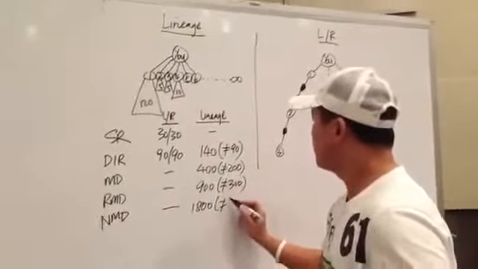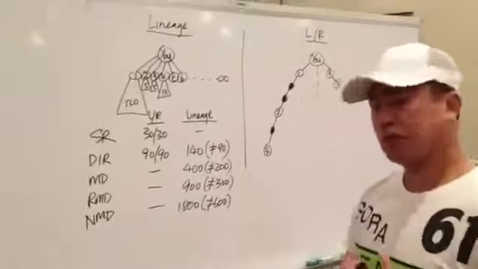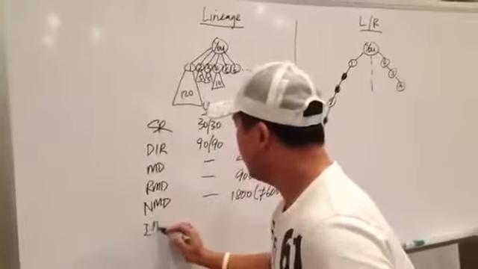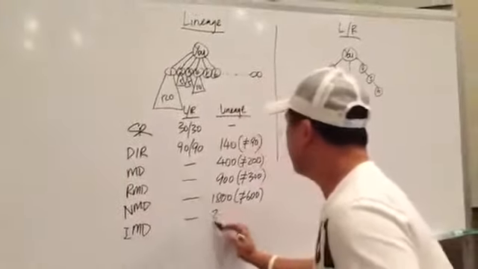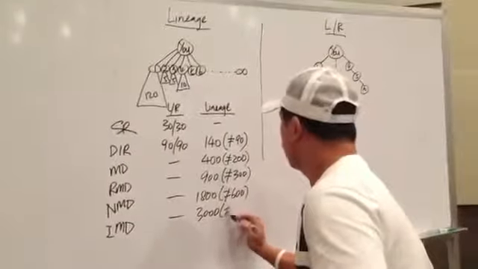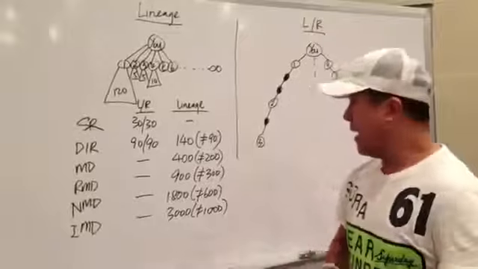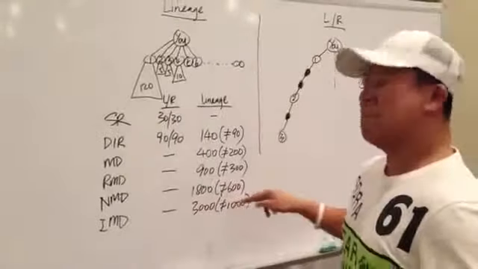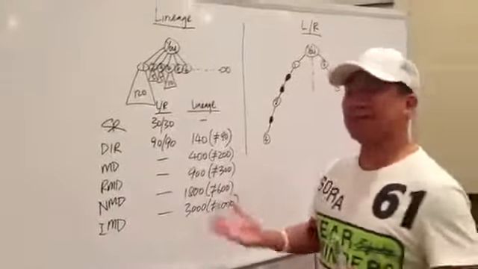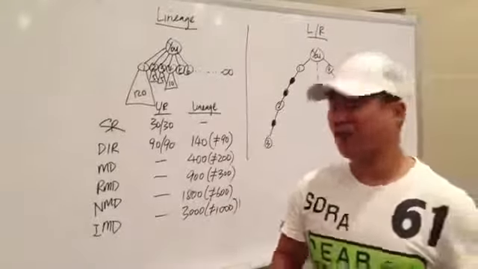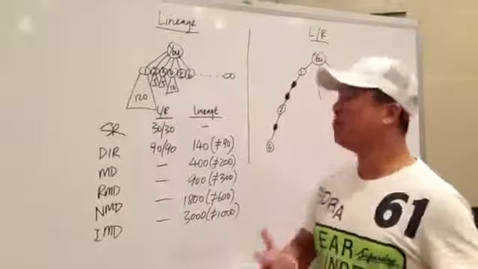This is not more than 600 per line. So again, 3 lines there. And then IMD here is 3,000, and that's not more than 1,000 per line. Okay, so makes sense there. Basically, this is a minimum of 3 lines. So if you have 10 lines, each giving you 300, you are IMD as well. Okay, so I hope that makes sense.